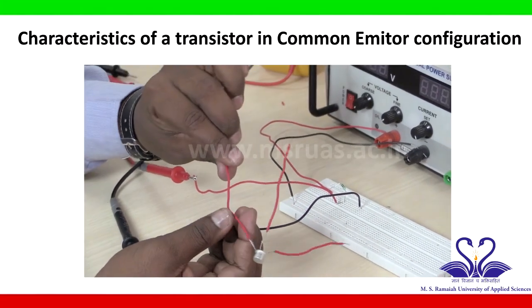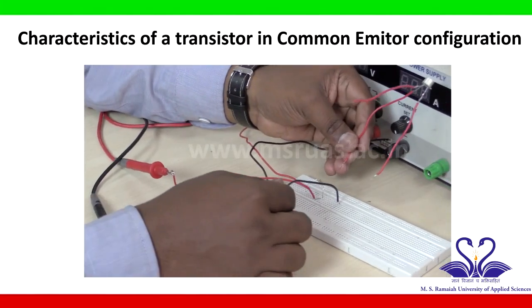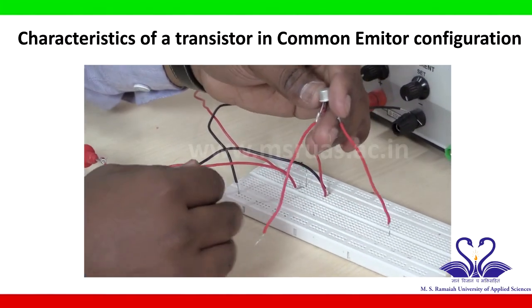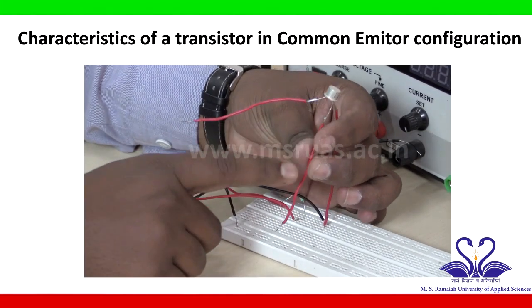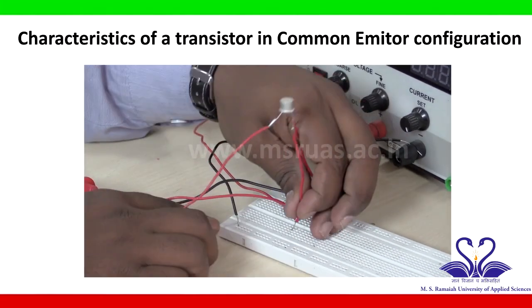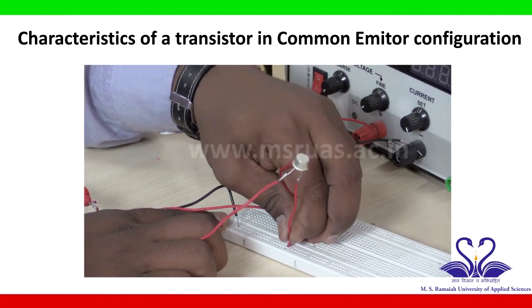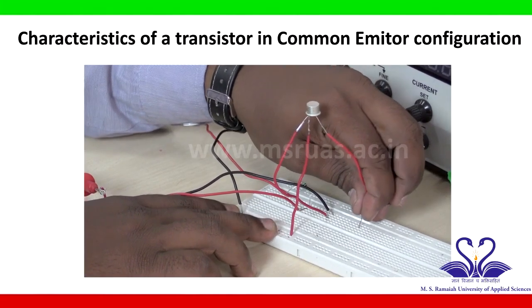Based on the circuit connection, this base is connected to the negative of the ammeter. So this is the negative of the ammeter, which is connected to the base of the transistor, and this is the emitter of the transistor, which is connected to the ground. I am connecting this to the ground. This is the ground line, as I mentioned. So connect to the ground, and the collector of the transistor connects somewhere in the breadboard.